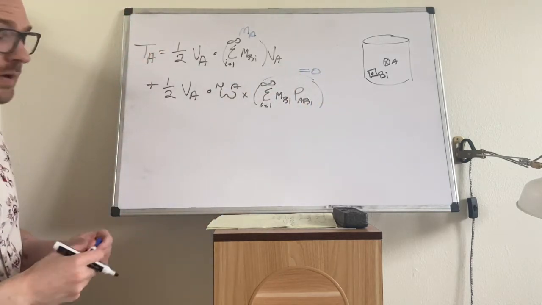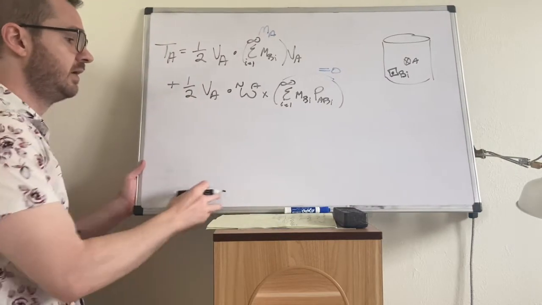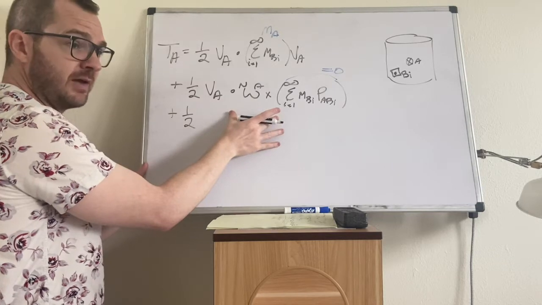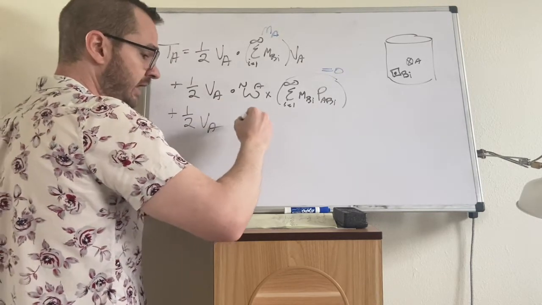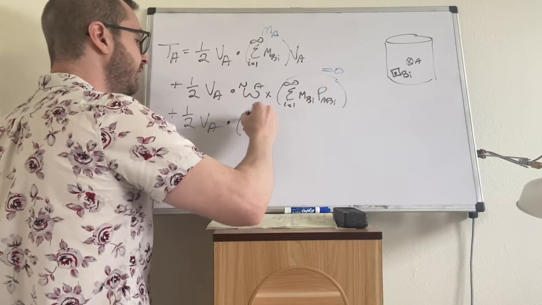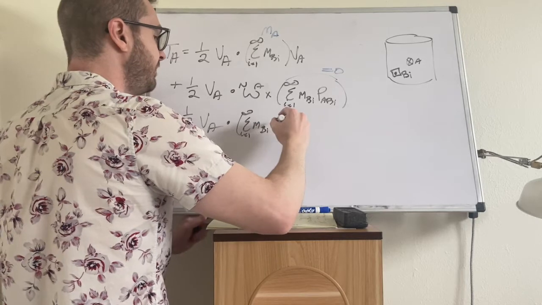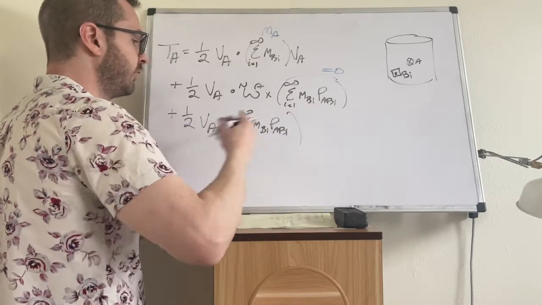That comes from the definition of center of mass. Now, the third term in the expression is the same thing as this, just rearranged: VA dot, here's our infinite summation term, m_bi P_ABI, and of course this term is going to equal 0 as well.